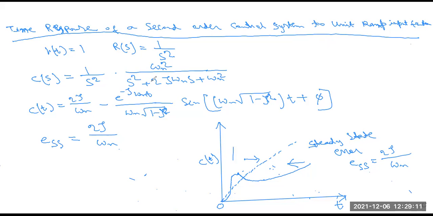To convert step by step, we rewrite the equation in partial fractions and apply the inverse Laplace transformation. The output is c(t) equals t minus 2 zeta by omega n and the remaining terms. The steady state error equals 2 times the damping factor divided by omega n. Okay, is this clear to all of you?